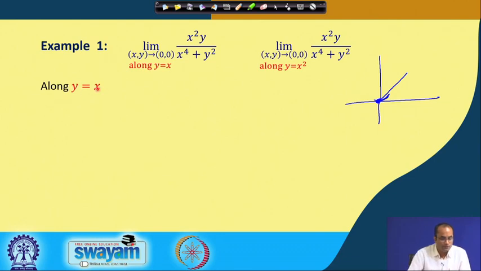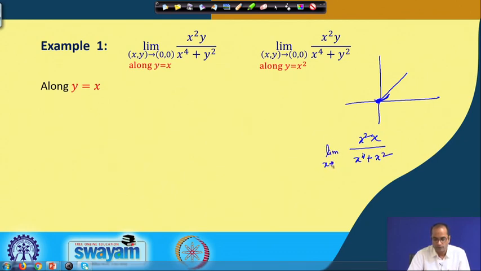So, if we take the path y is equal to x here, we are approaching the origin. In this case, when y is equal to x, we put x square here, and then y will be x again. So we have x power 4 plus x square, and now we can let x go to 0, because along this path we have substituted y is equal to x. So, now we take the limit as x goes to 0.